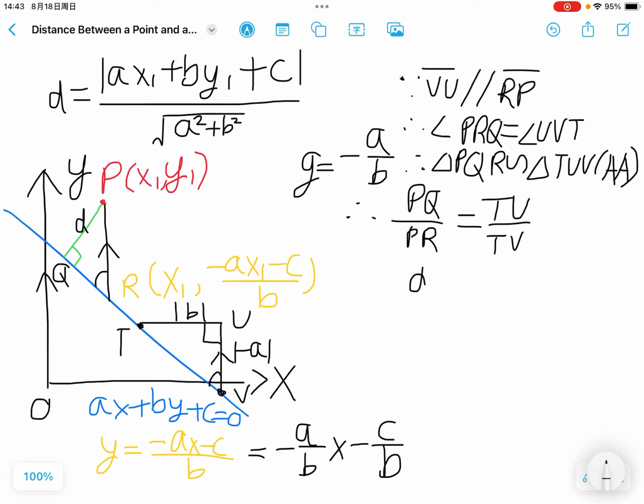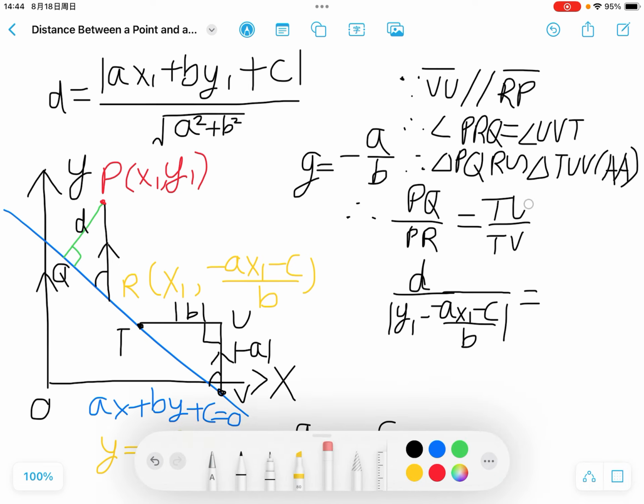And PR is Y1. So the length of PR is the absolute value of Y1 minus (AX1 minus C) over B, and that's equal to TU over TV.